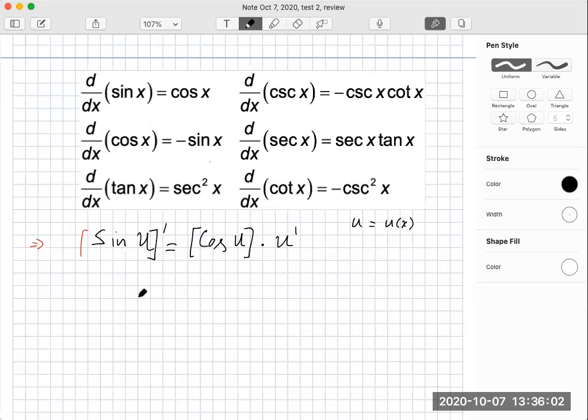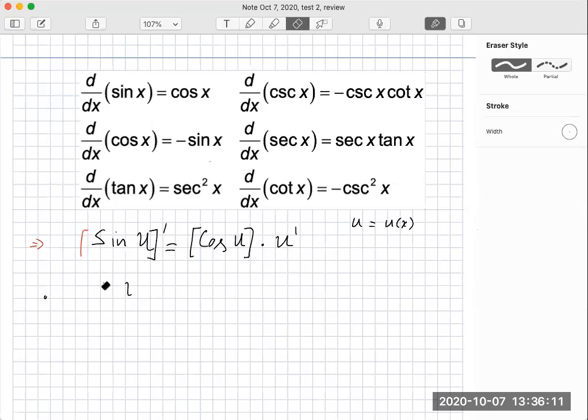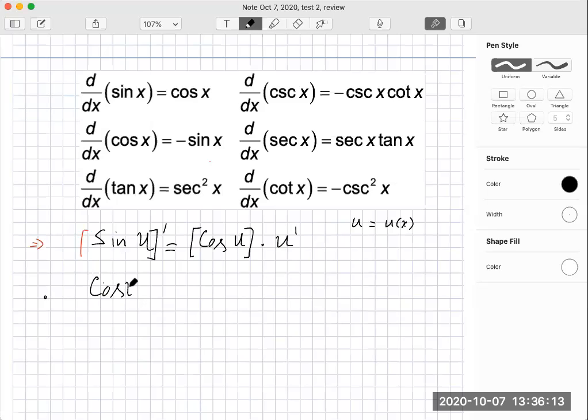Okay, be careful. So, similar story. If we need to compute the derivative of cosine of u, do we have? Very good, the same story.